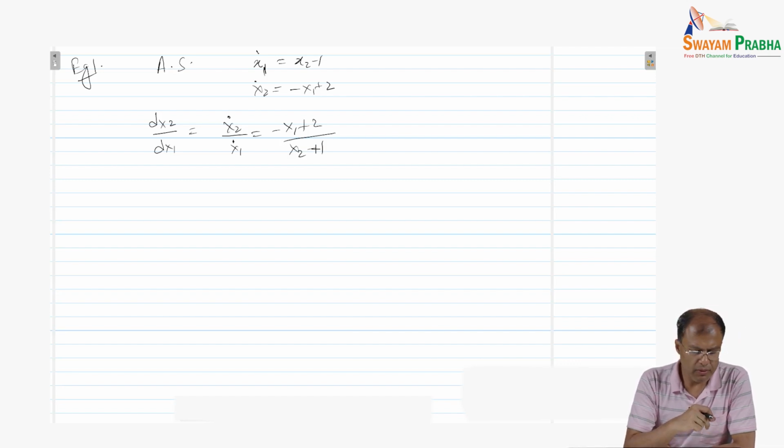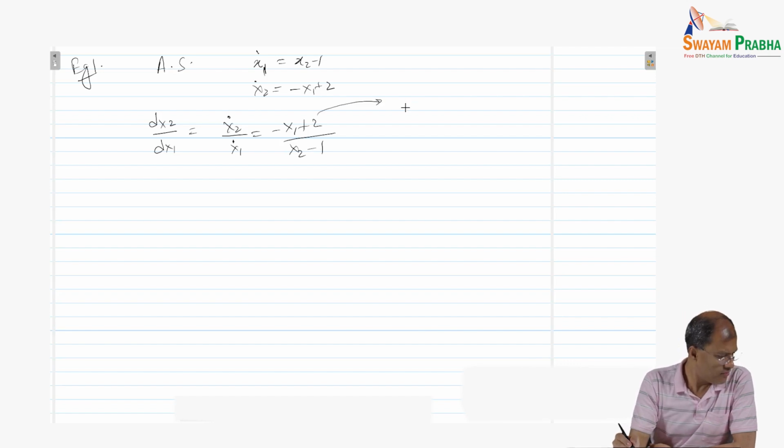Okay, so dx2 by dx1 is this, and we have that x1 dot is x2 minus 1. It's all given, so I have used the implicit rule here.